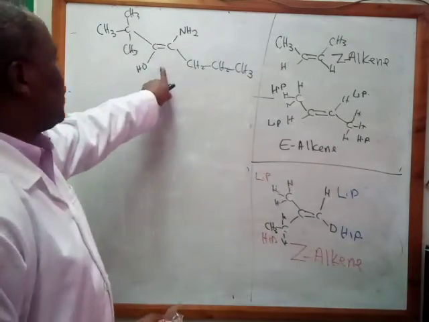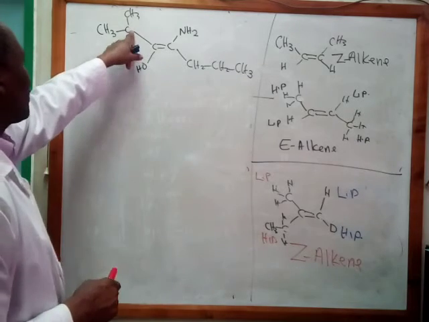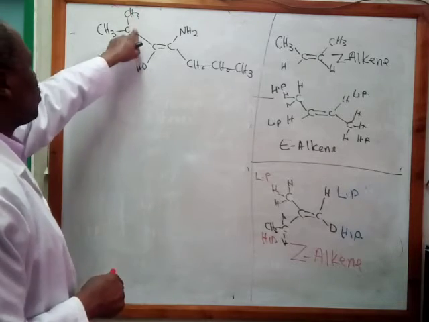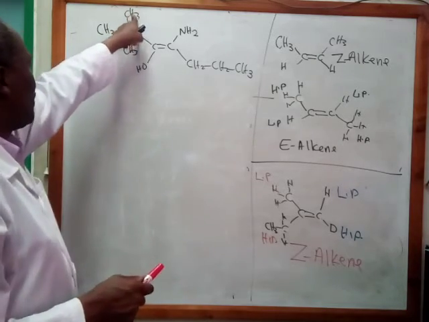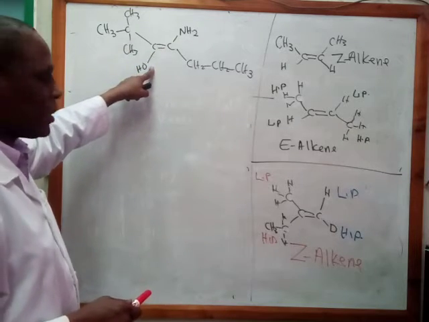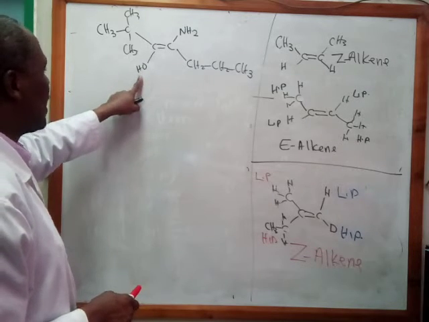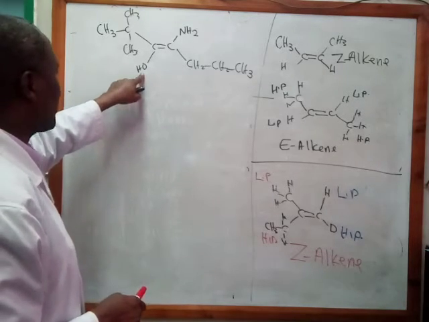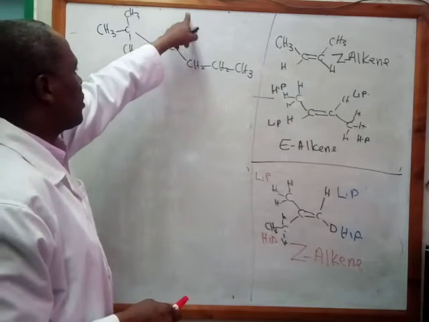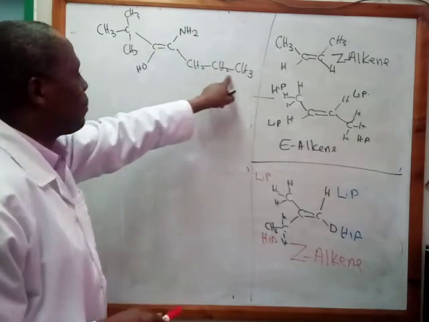Now, let me look at this example here. Yeah. On this side, there is a carbon attached to the double bond, and then that group is very complicated. There's a methyl group, a methyl group, a methyl group, but then attached to the double bond on this side, there is a hydroxy group, oxygen and hydrogen. And in this case, on this other side, you've got nitrogen attached to two hydrogens, and then you've got a long chain of carbon, carbon, carbon here.